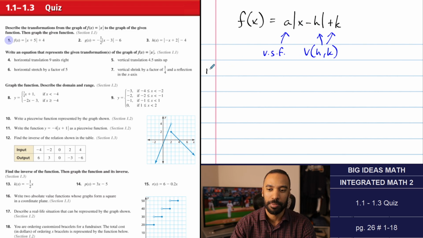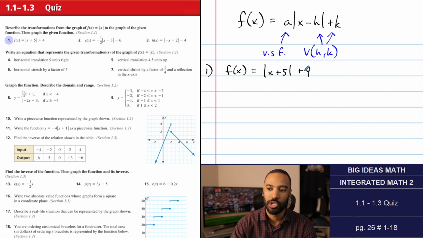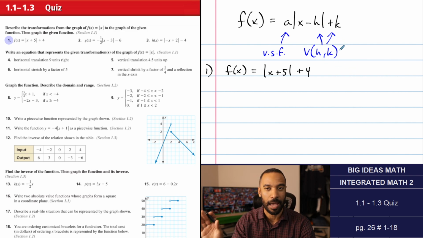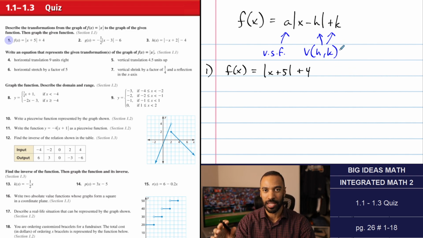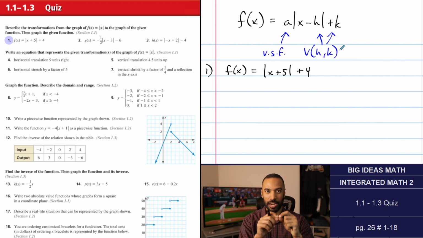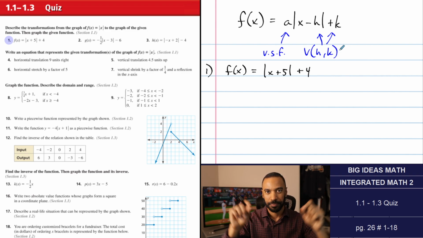So let's go ahead and jump in and get started on this. Problem number 1, we have f of x equals absolute value of x plus 5, plus 4. They do ask for us to describe the transformations before we sketch its graph in relation to just the absolute value of x, which is, once again, vertex at the origin and up 1 over 1, no reflection from there.